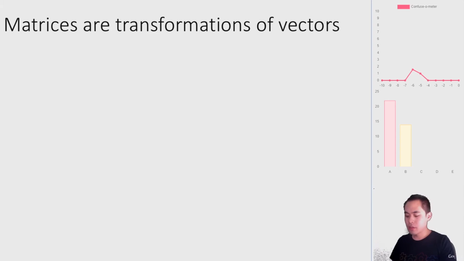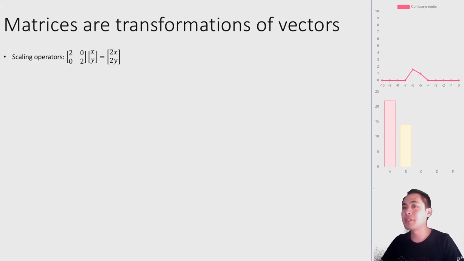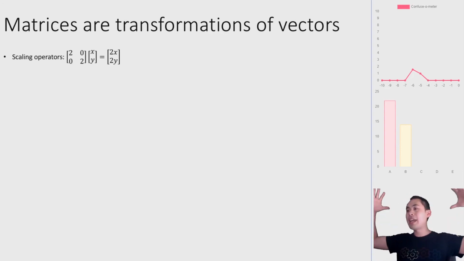So, for example, if you had this matrix here, this is a very simple matrix. It's a diagonal matrix with 2's on the diagonal and 0's everywhere else. If you multiply this out against some arbitrary vector xy, which can be any point in the xy plane, all you're doing is multiplying all the points by 2. So this is a transformation where you're scaling everything up.